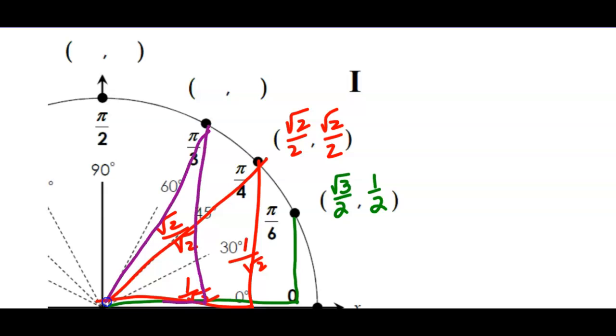Now this triangle is just the green one that we did over here flipped around. It's now a shorter x value and a longer y value. Hope that makes sense. And then this is a unit circle, so this is a distance of 1, so we went over 0 and up 1.